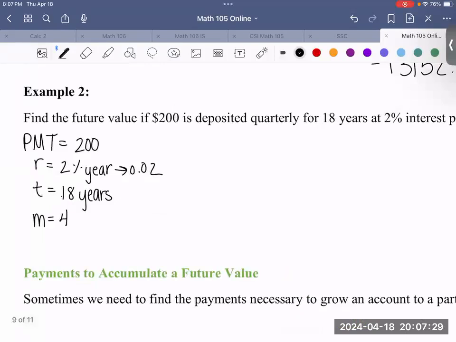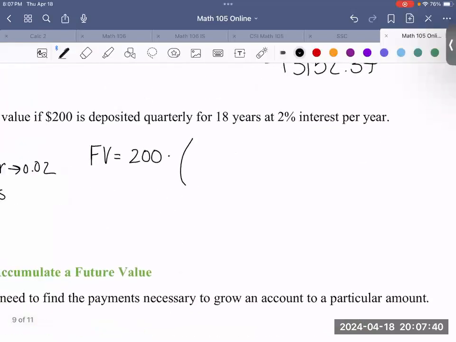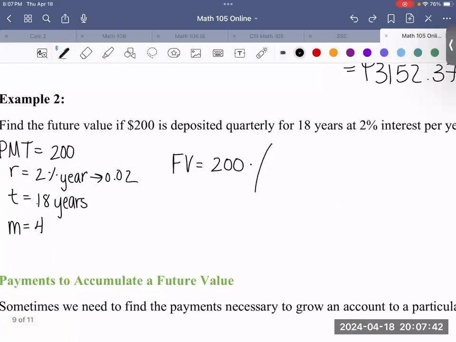All right. So one more time, your future value is equal to that $200 deposited, and then let's see, did I write it up here? Yeah. One more time, I'm going to write it as if I'm putting it into a calculator. 1 plus 0.02, raised to the 18 times 4.